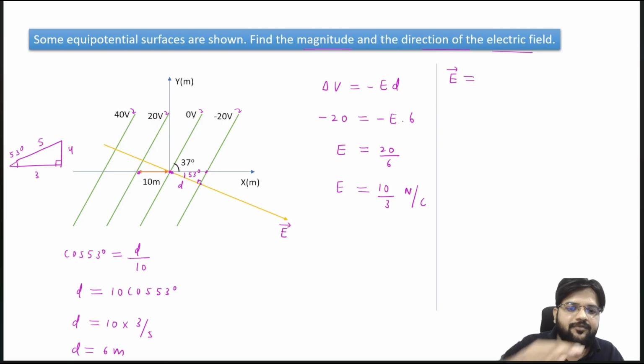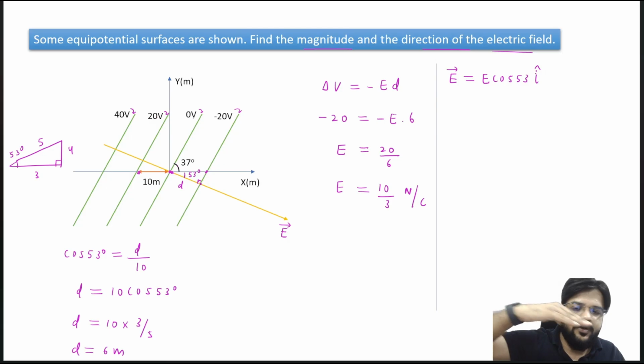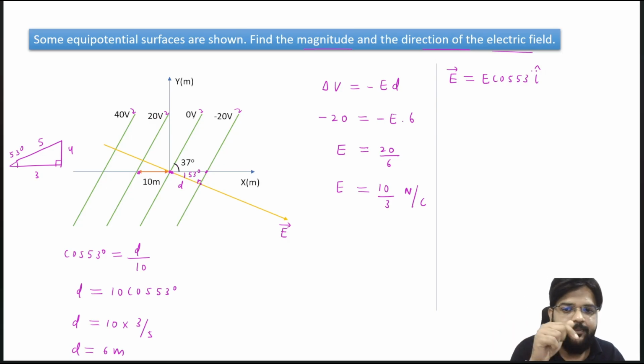So E can be written as, if I resolve this E in the horizontal direction, then the component is E cos 53 i cap. And if I resolve in the vertical direction, then the component is E sin theta j cap, and it is present in the negative direction, so we write minus j cap.